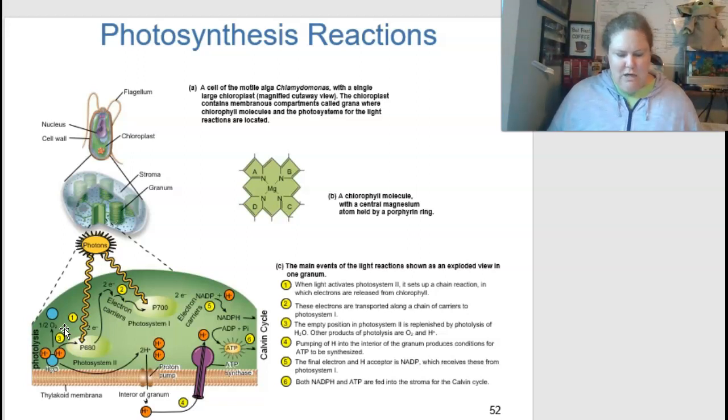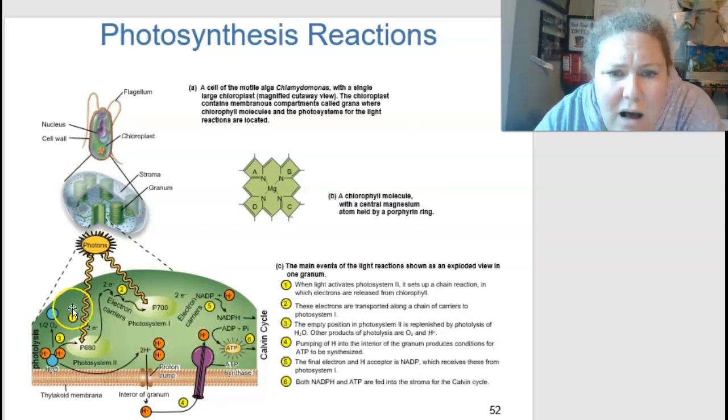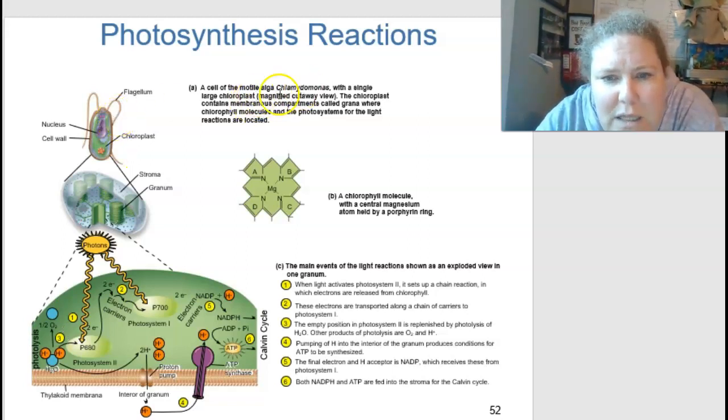So looking specifically at these photosynthetic reactions, this is very similar to what is shown in figure 8.23. Basically, you can see here the cell of the motile alga Chlamydomonas, with a single large chloroplast.